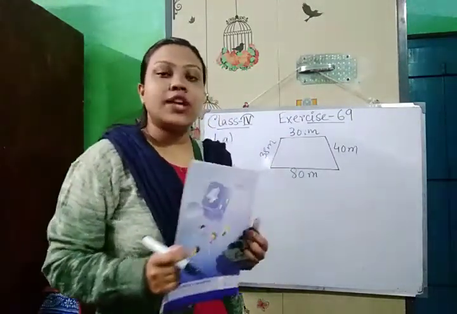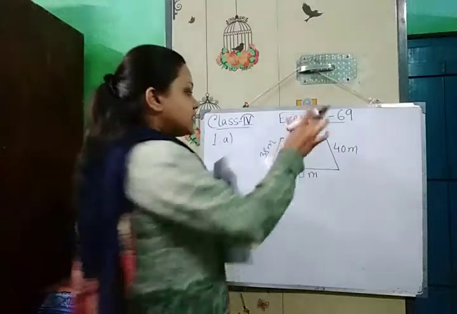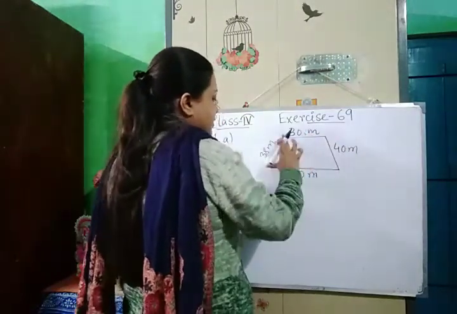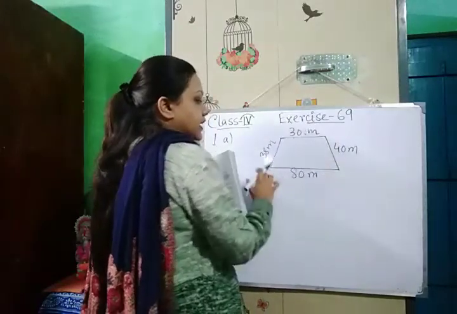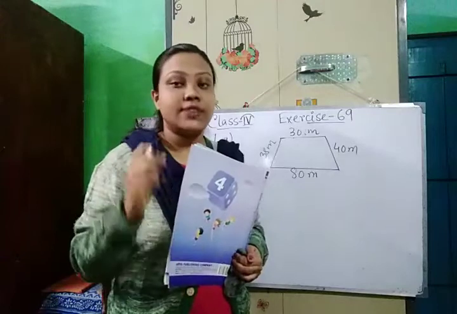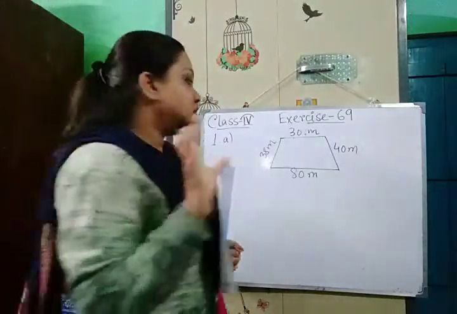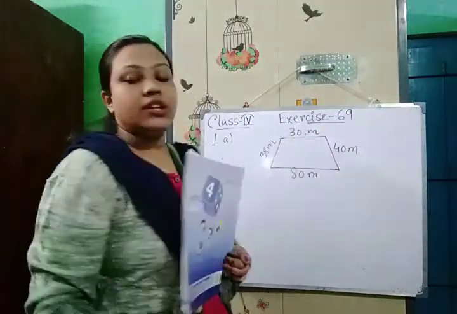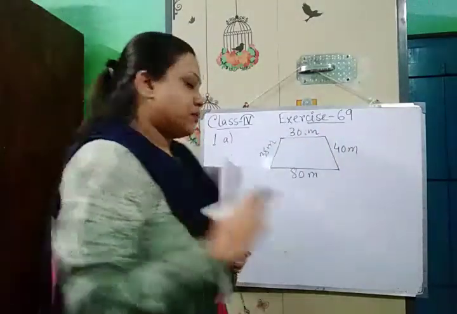When the length of each side is given, this is 30 meter, this is 40 meter, this is 80, this is 38, then by adding all of the lengths we can find the perimeter of the figure, which is very easy. You just need to add the lengths, then you will get the total length of the boundary, or the perimeter.